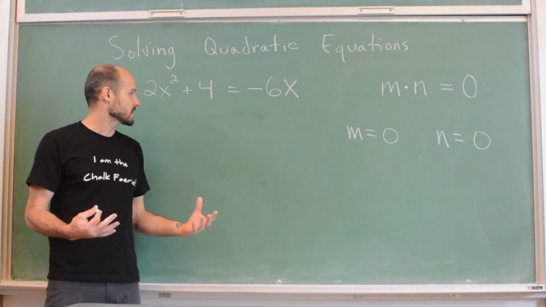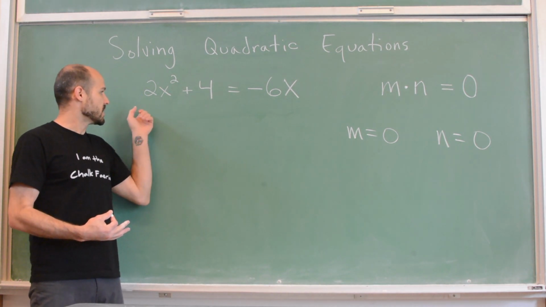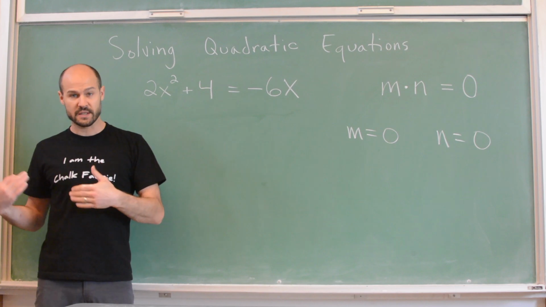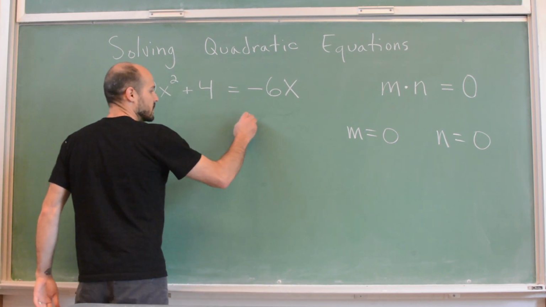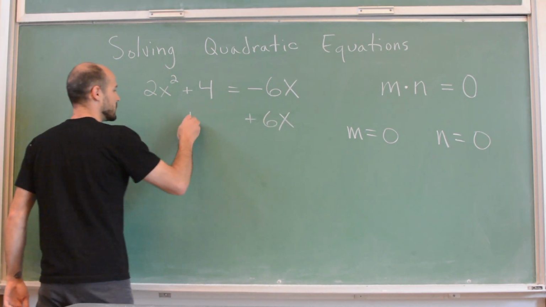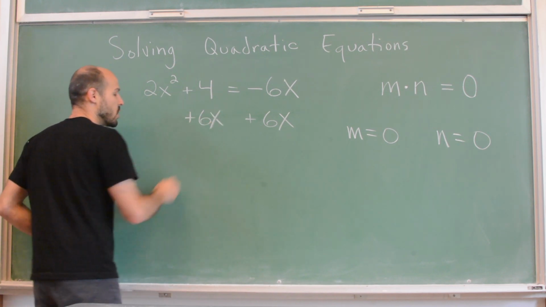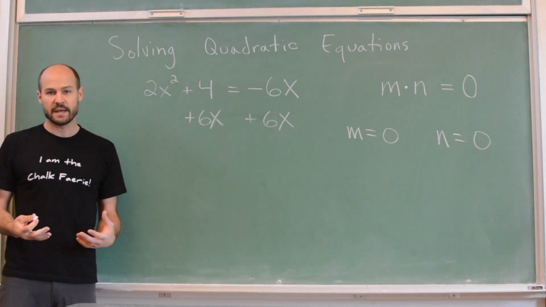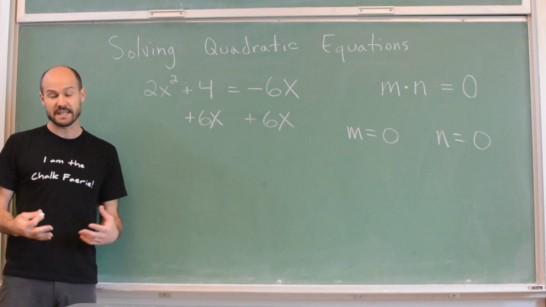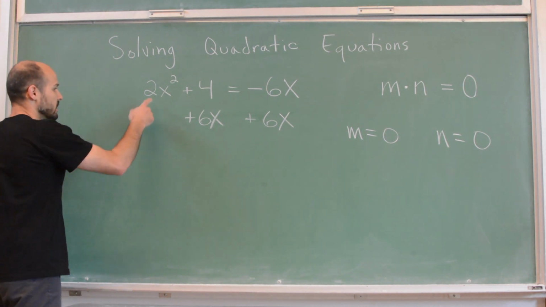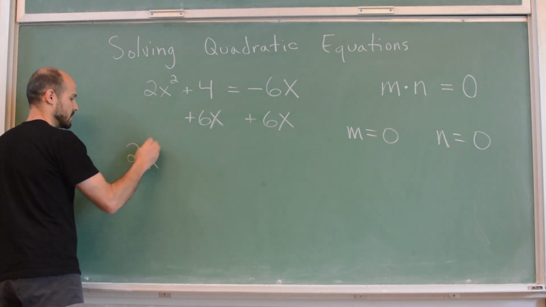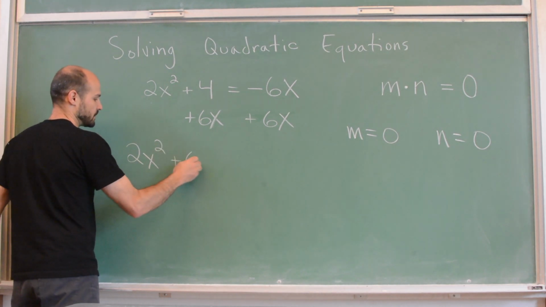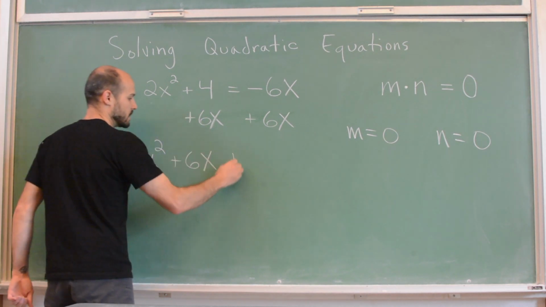So here's how it works. We're going to take our quadratic equation, and we're going to get everything to one side. We're going to rewrite it in a way that looks familiar. In this case, it's a quadratic trinomial: 2x squared plus 6x plus 4.